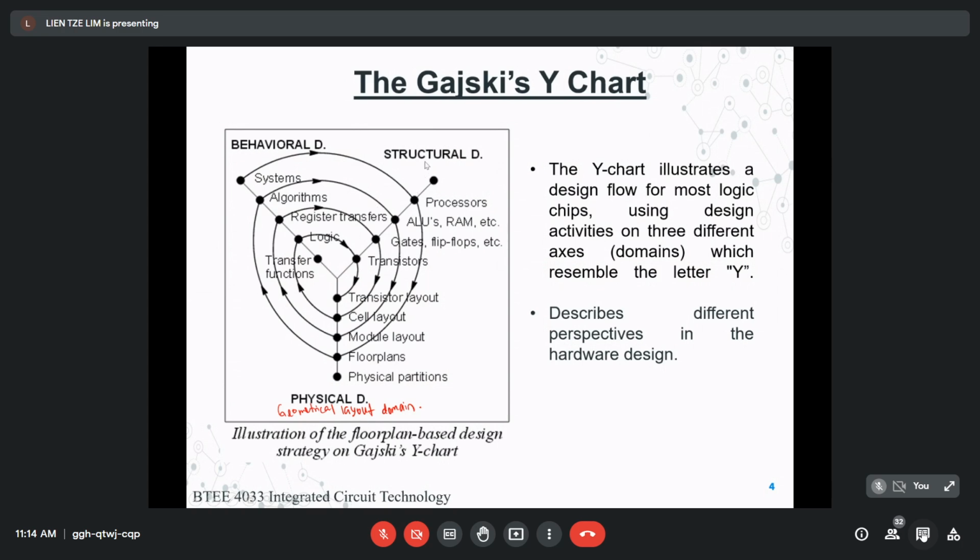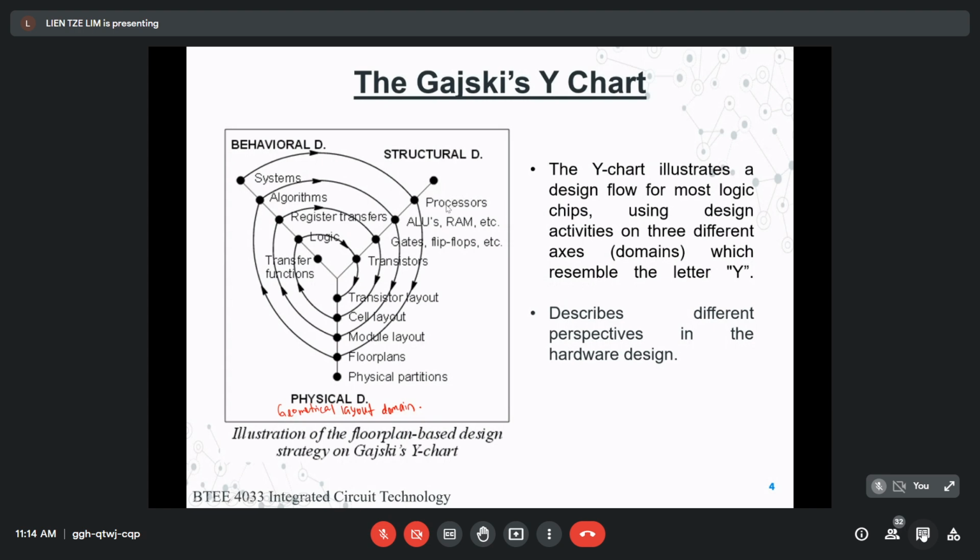And for the structural domain, there are also 5 levels. It means that at different levels, it describes the chip differently. The first level describes the whole processor.